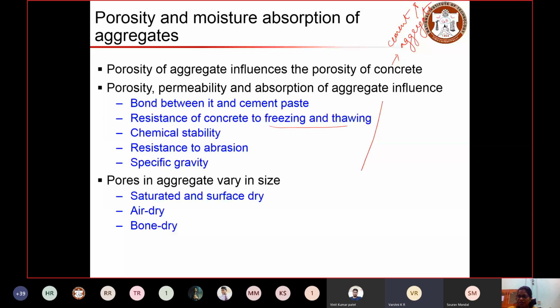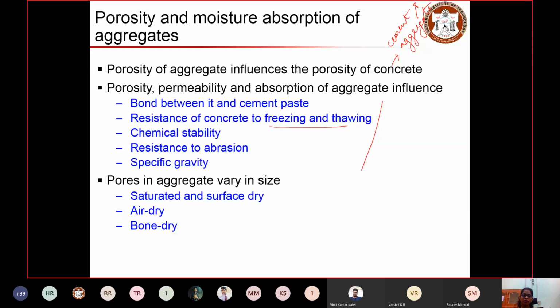Okay, so you're right. The concept here is that in cold weather we have this freeze-thaw cycle. Sometimes it will freeze and sometimes it will thaw. In such cases, the porosity in concrete can trap some amount of water. When it freezes, it will expand.